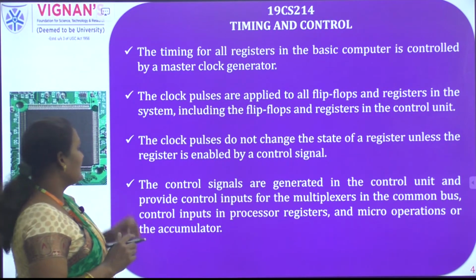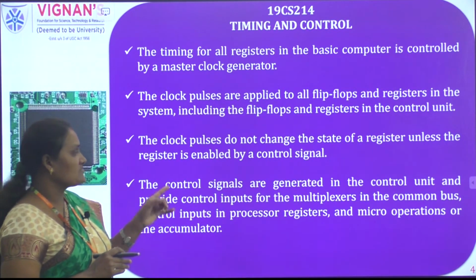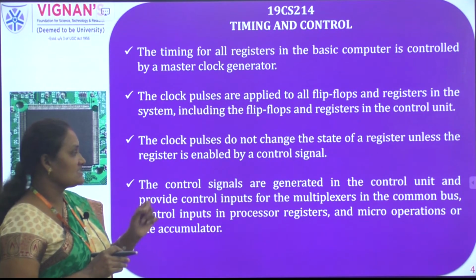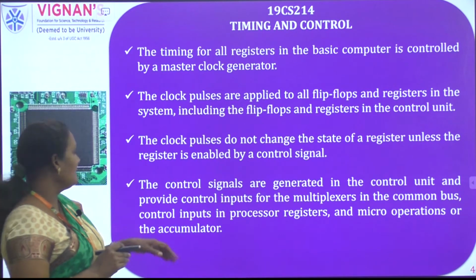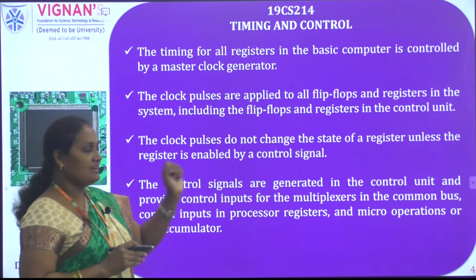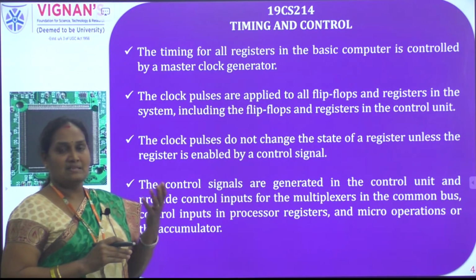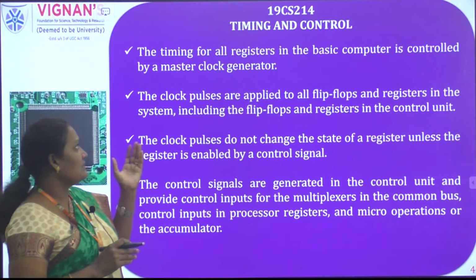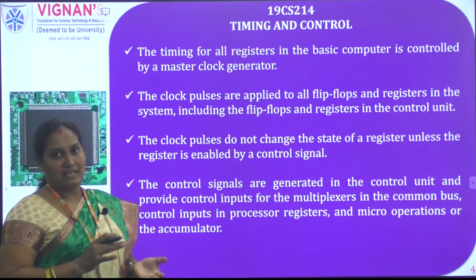Next, the control signals are generated in the control unit and provide control inputs for the multiplexers in the common bus, control inputs in processor registers, and micro operations for the accumulator. Who sends the control signals? There is a master clock generator that controls the timing of all registers and flip-flops, and it generates the clock pulses.